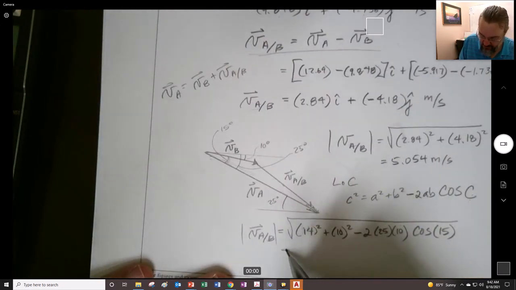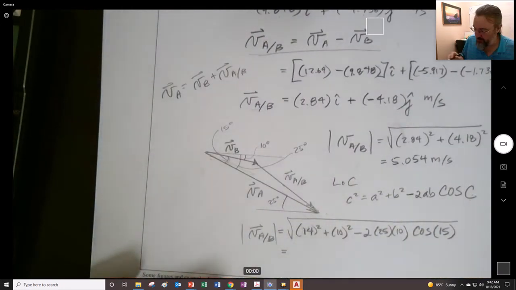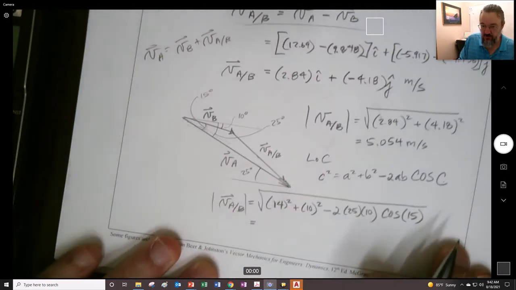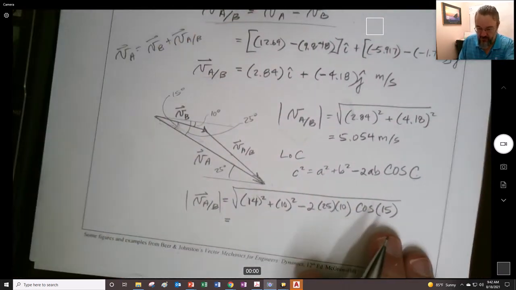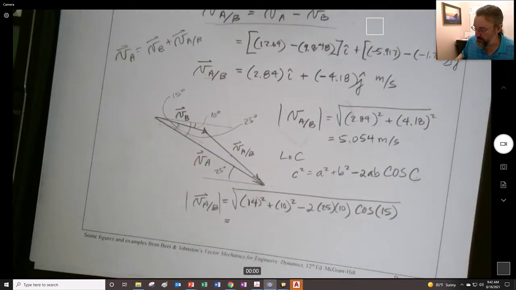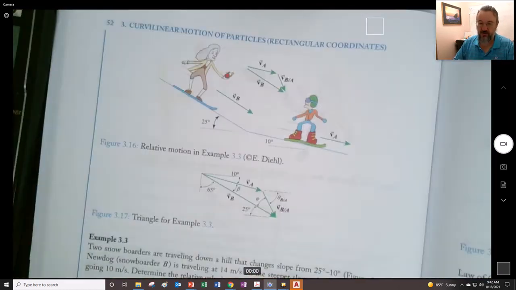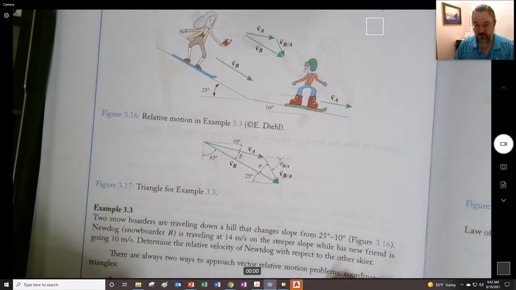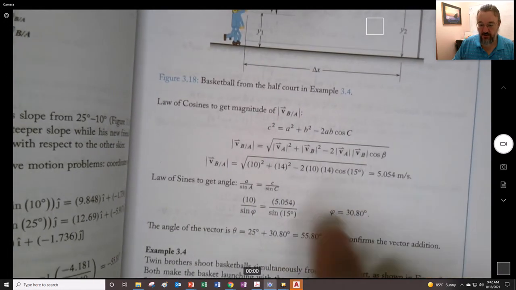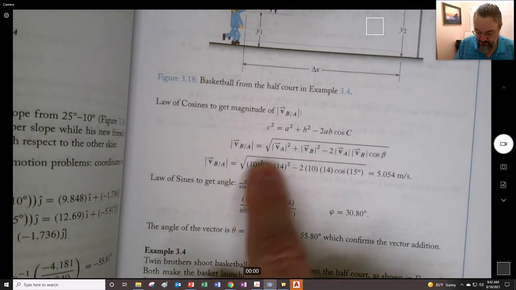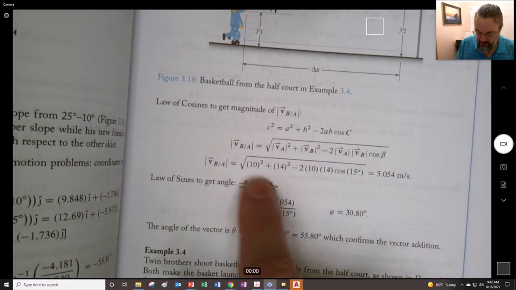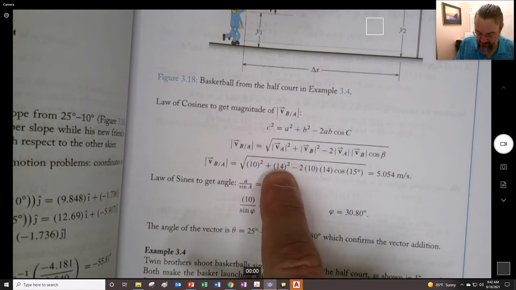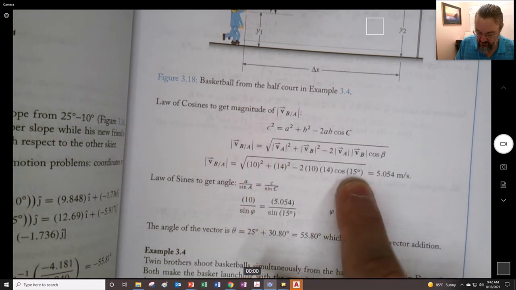By the way, I think this might be in my video for my book, The Engineering Dynamics Course Companion, because I do have this example in my book, where you can see how you could do this by vector triangles, and that when you were done, you would end up with this law of cosines, where you see that that's 14 right here, and there's the cosine of 15, and you end up with the same answer.